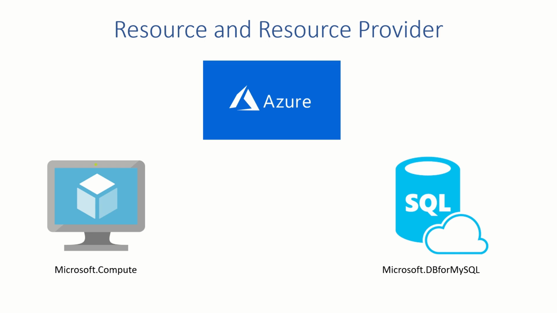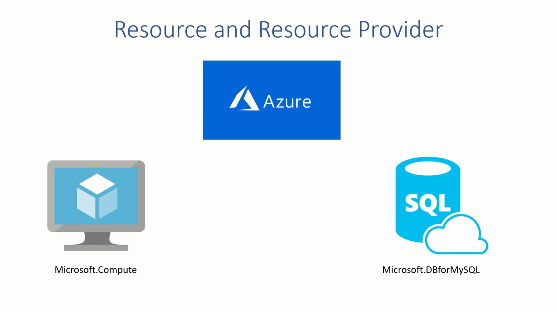So even if you create a VM, it's a resource that is going to use different components, and all these components are being provided to you by a resource provider. Now, this is something which you're not going to troubleshoot or actively work with, but it's better that we have an understanding of what a resource provider is, because this will help you a lot when you customize RBAC roles or create your own roles.